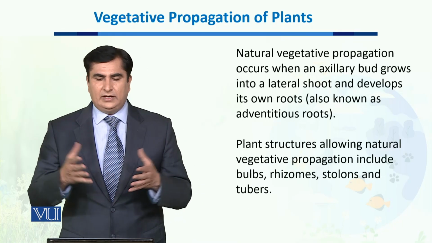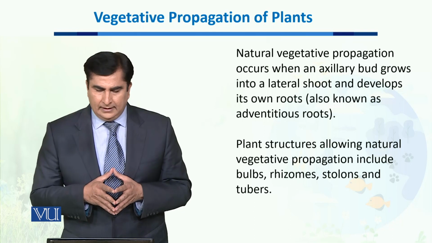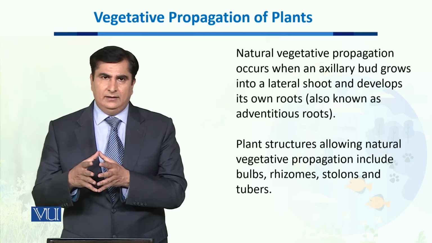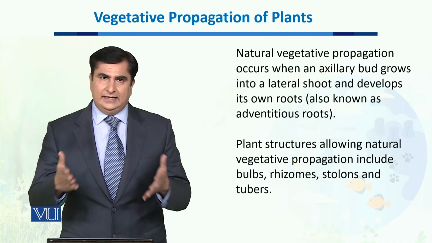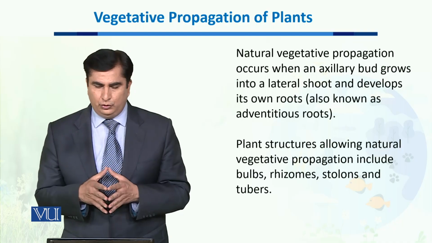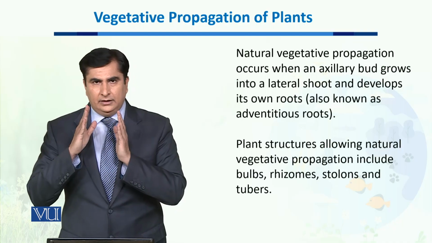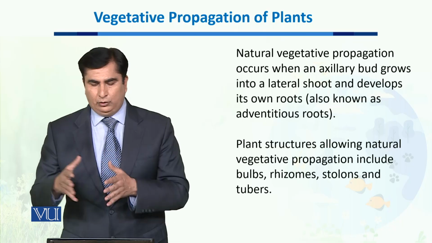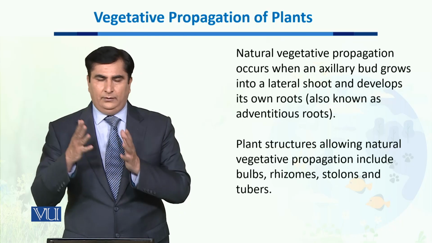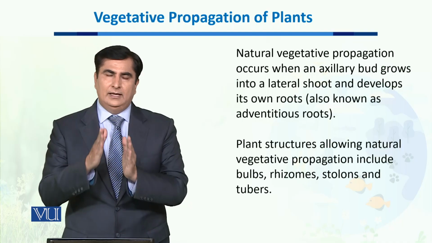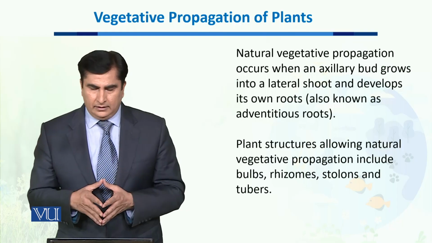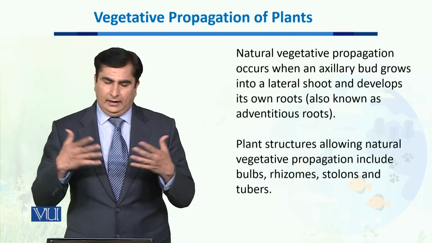Then natural vegetative propagation takes place when an axillary bud of these plants grows into a lateral shoot, and that shoot develops its own roots, which are also known as adventitious roots, which are not true roots, but when detached from the parent plant, they become the roots of another plant as well.